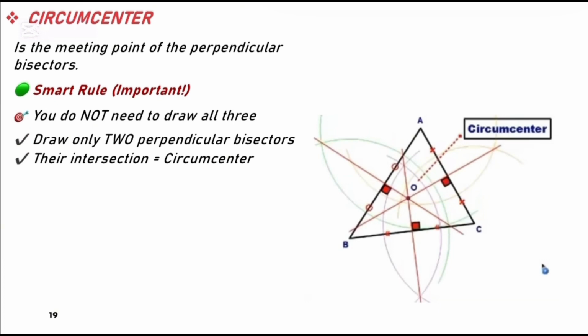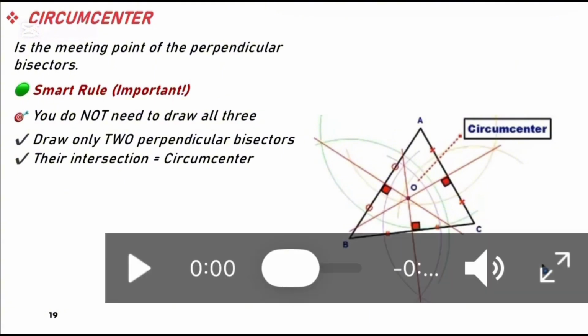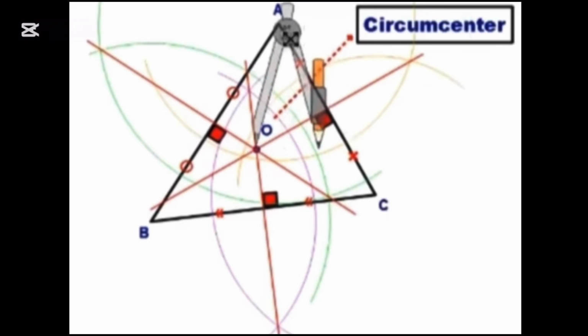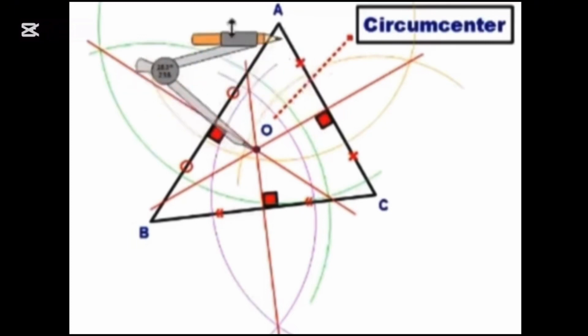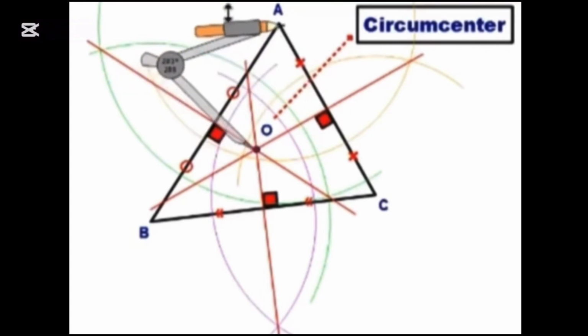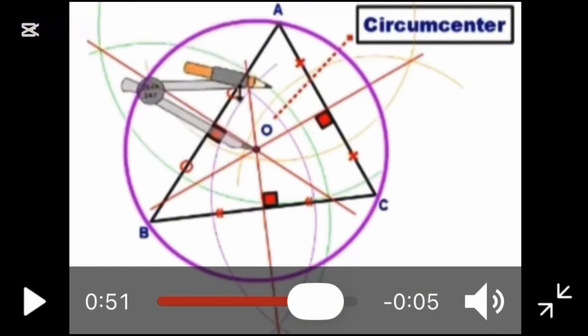It's enough to draw 2 perpendicular bisectors and the intersection of them is called the circumcenter. From this circumcenter, from the point of intersection of the perpendicular bisectors, we can put the compass and draw a circle passing through all the vertices of the triangle A, B, C.